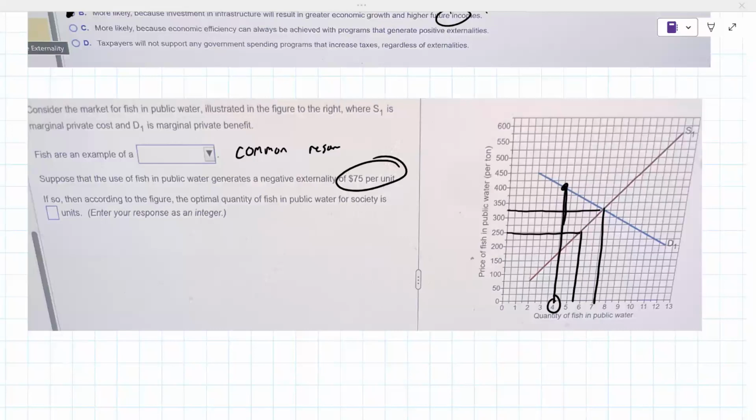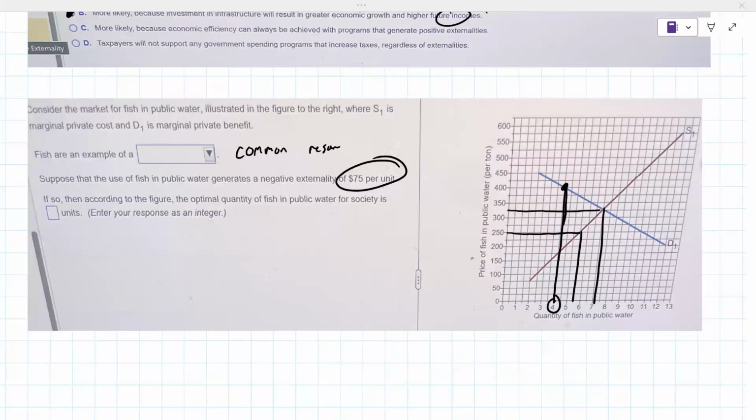It is common resource for sure. Okay, so they do that when the external cost is added. So supply is dropped. It does go down. Is 400, 150. So it was that.